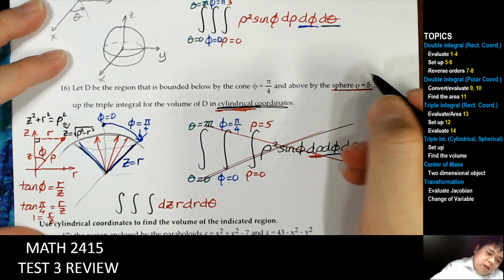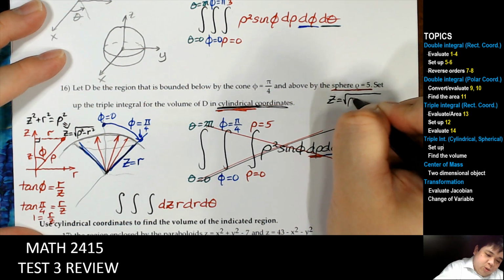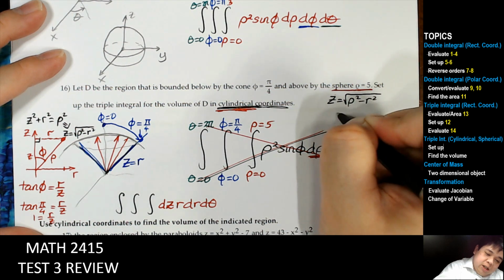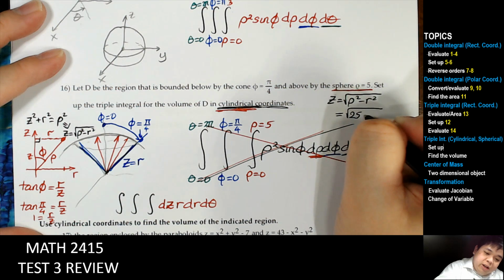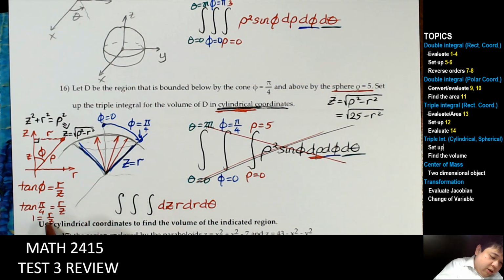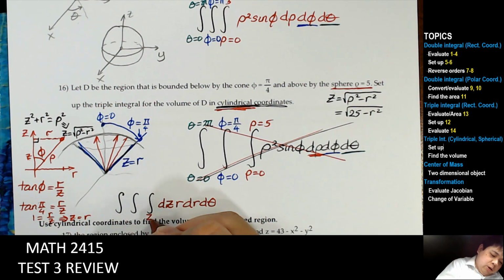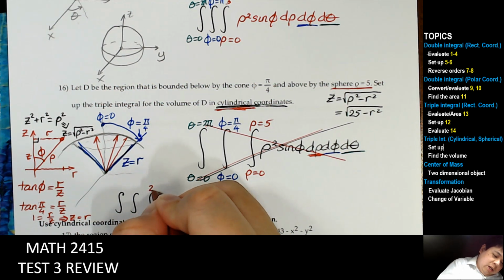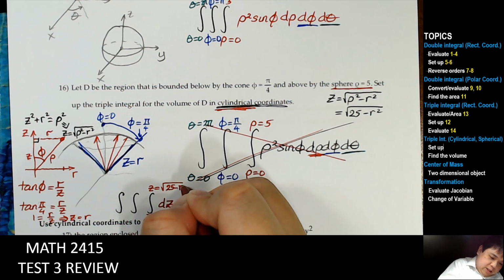Since we have rho equal to 5, z is equal to the square root of 5 squared, 25, minus r squared. So that is the limit for z. We say z goes from z equal to r to z equal to the square root of 25 minus r squared.